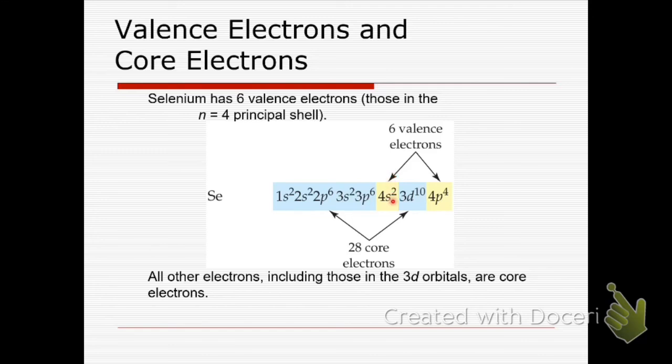So I have a grand total of 2 plus 4, 6 valence electrons. All the others shown in blue are core electrons. I add those together and I have 28. Notice 28 plus 6 is going to be a total of 34. So any electrons, including those in the 3d, are all core electrons.